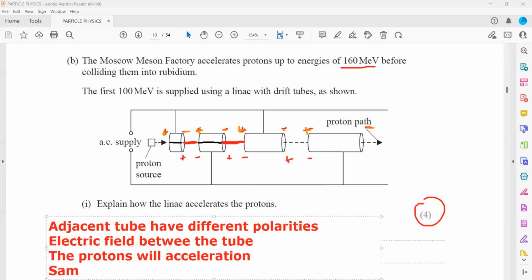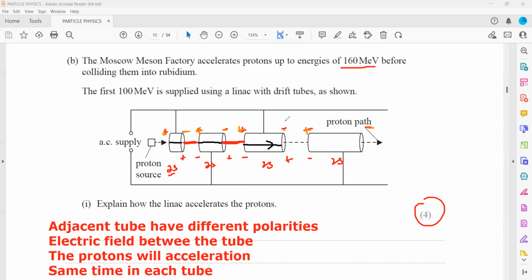and it takes the same time in each tube. Like, for example, if this proton is taking say 2 seconds to cross the first tube, it takes the same 2 seconds, same 2 seconds, same 2 seconds. How is the time the same even though the lengths of the tubes are different? As the lengths of the tubes are different, but the speed is also changing. We have the formula speed is distance over time.